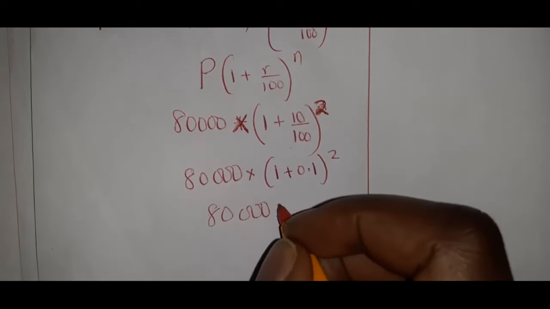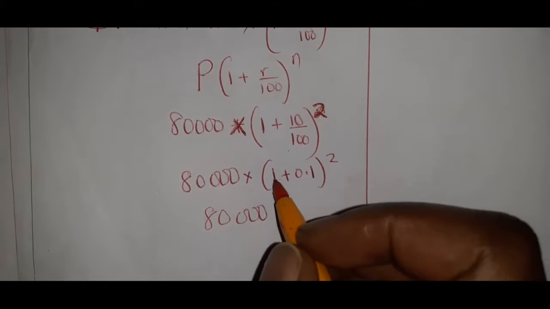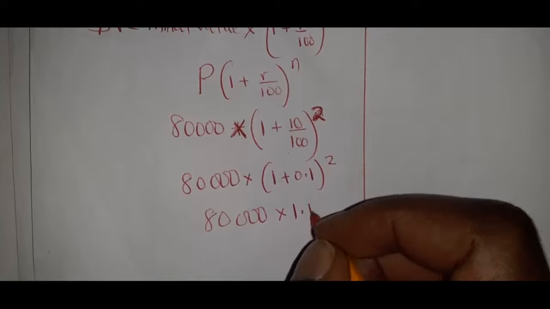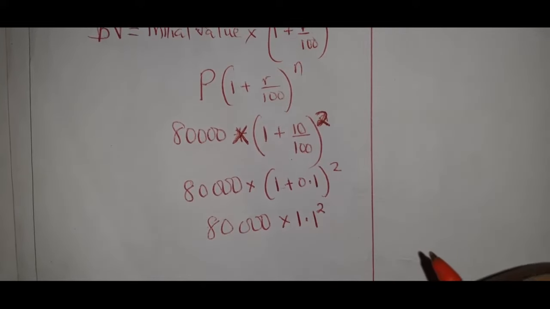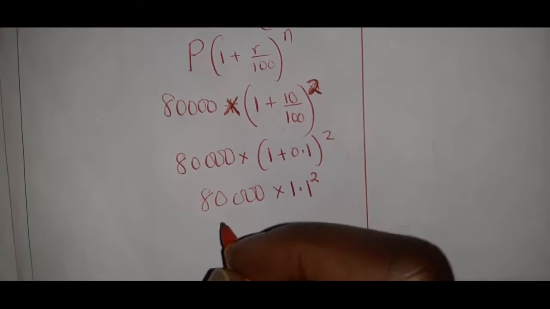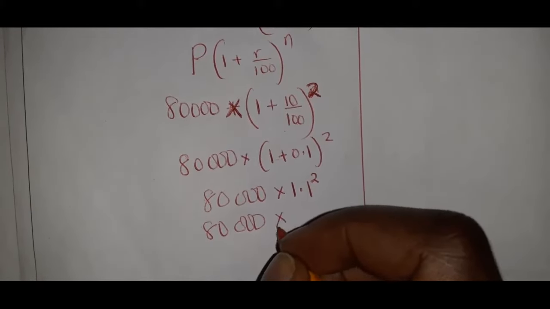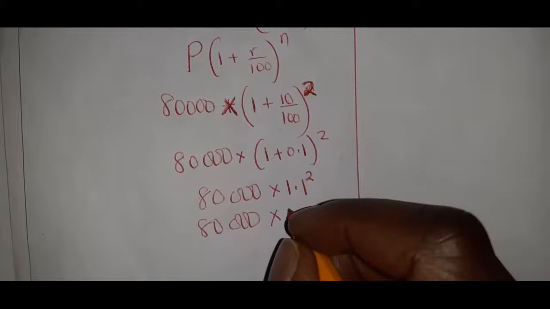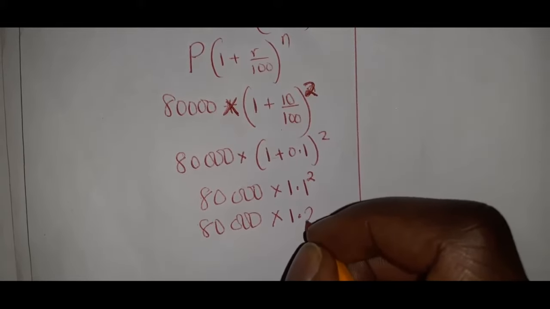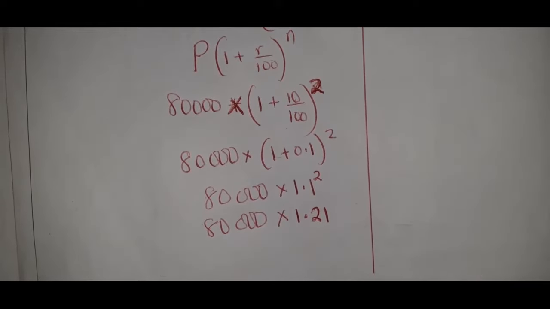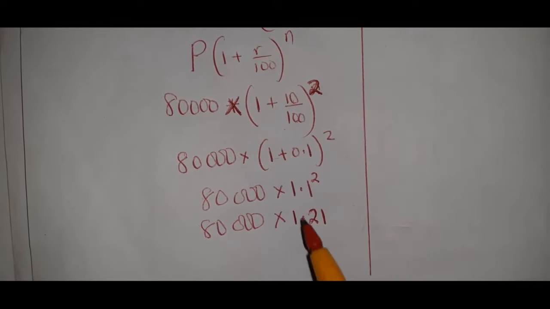Then you have 80,000. Remember, this is grade 9 where you don't use a calculator. When you add this, they'll give you 1.1 to the power 2. Then this is 80,000 multiplied by, when you multiply this one, what do we get? We get 1.21. Let's multiply this. This is very simple because of the zeros and the decimal numbers.